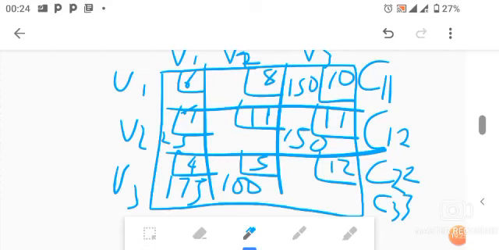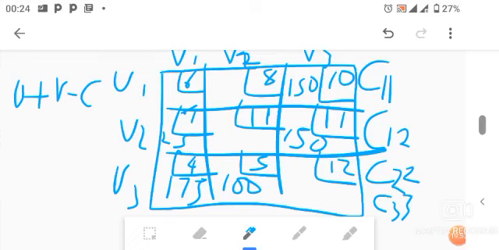The first box is in row 1, column 1, with a cost of 6. The formula that we're going to use to find the possible outcome is, I'm writing it on your left hand side, just look at the left hand side of your screen: u plus v minus c. That's the formula we use.